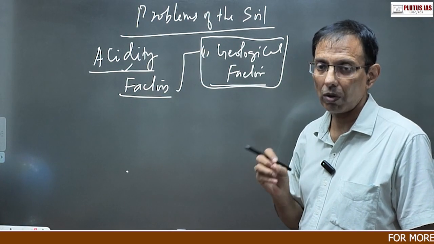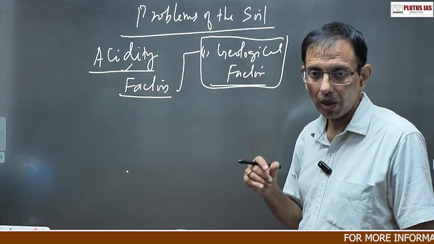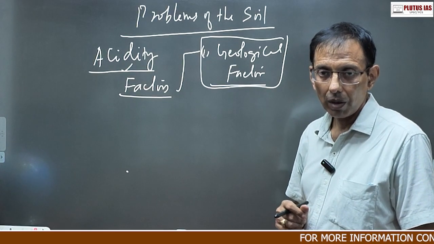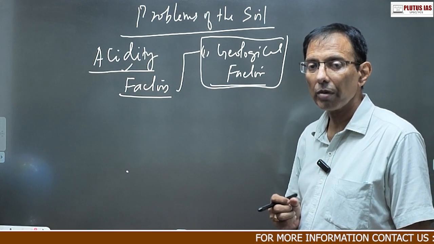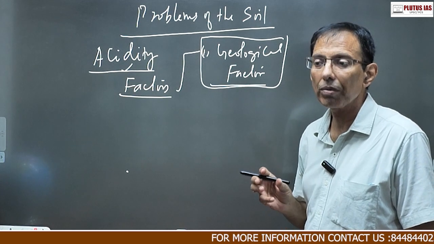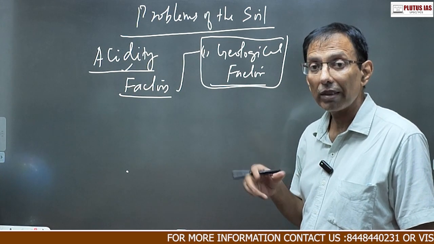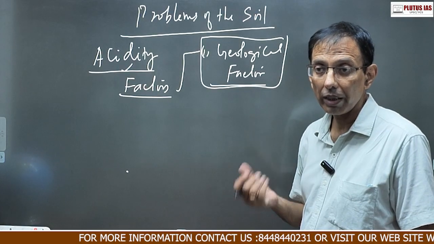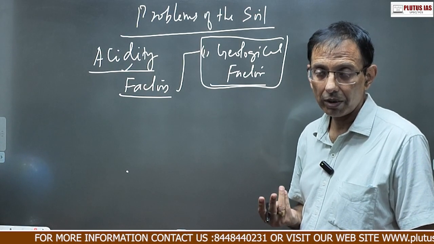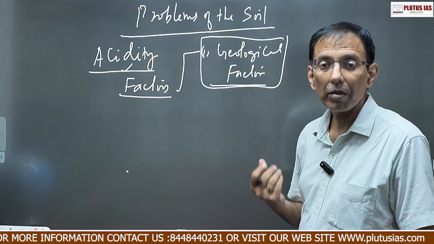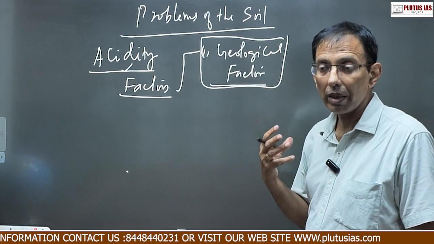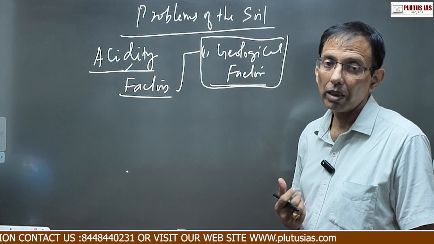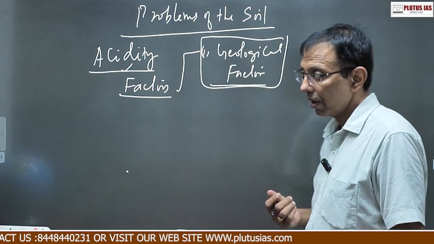If you see the rocks from where soils are being made, if an acidic rock like granitic rock is present with the parent material, then the soil would definitely be acidic in nature.